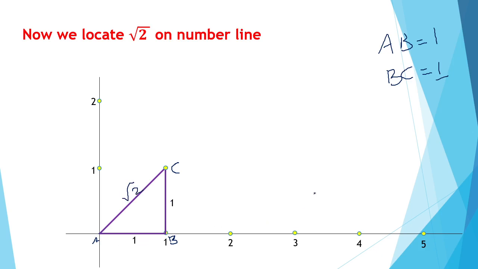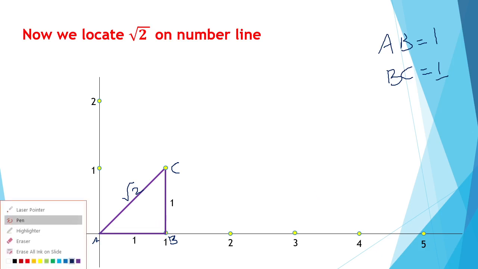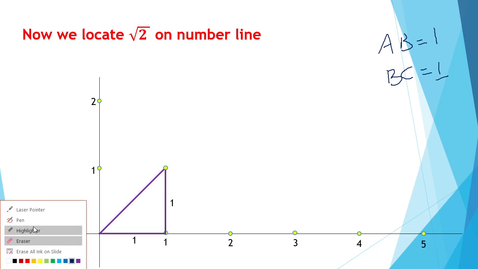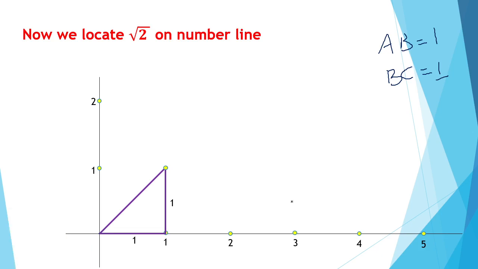So now I delete all these numbers here. No need to write ABC always, we have done it already. If you write, that's also no problem. Now like this you have to write. How to draw this one?